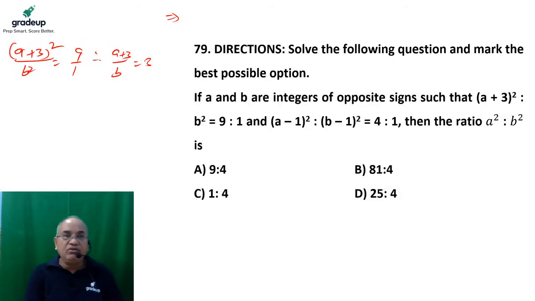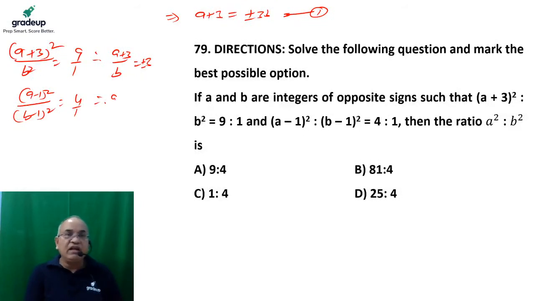So plus minus 3, even plus minus 3. So we can form an equation: a plus 3 is equal to plus minus 3b. No problem. So we have one equation. This is equation number 1, let's say. And the second statement is given that (a minus 1) whole square upon (b minus 1) whole square is nothing but 4 upon 1.